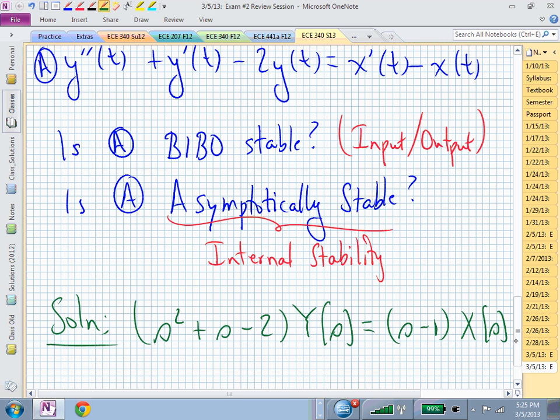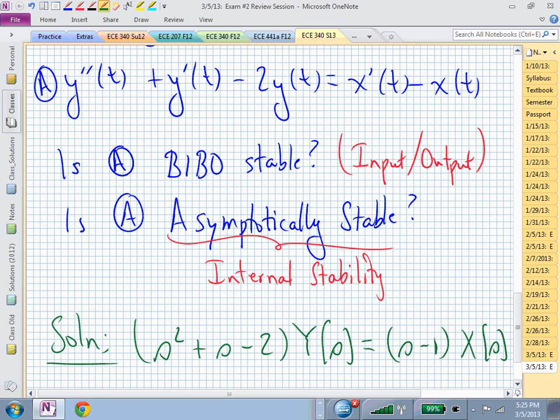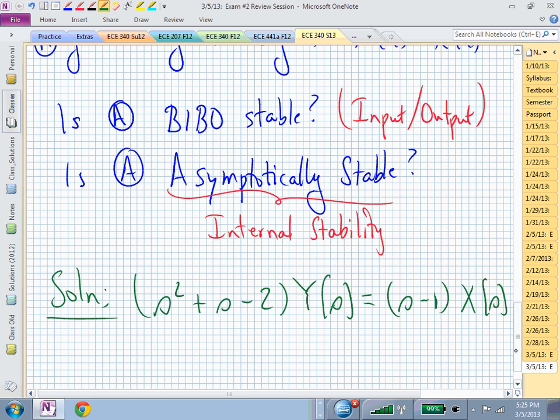And here's where the distinction is going to arise between input-output, or BIBO, and asymptotic.